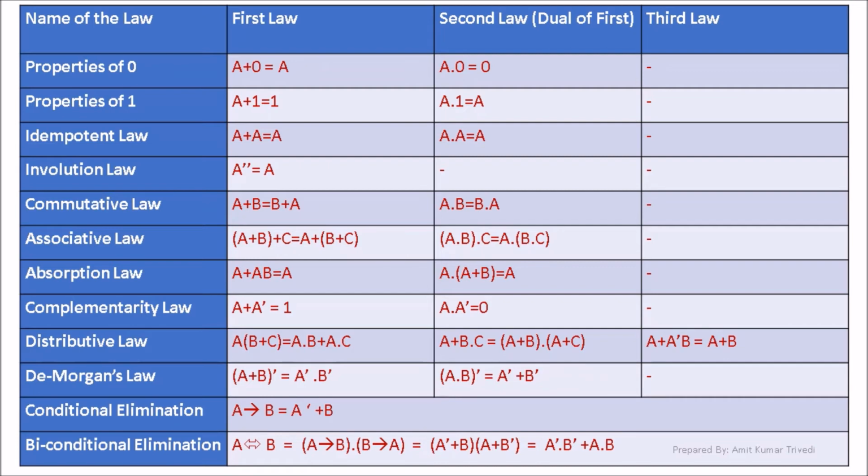Second, (a complement plus b) dot (a plus b complement), and either a complement b complement plus ab. Now out of these we will discuss in detail those that are generally asked in examination.